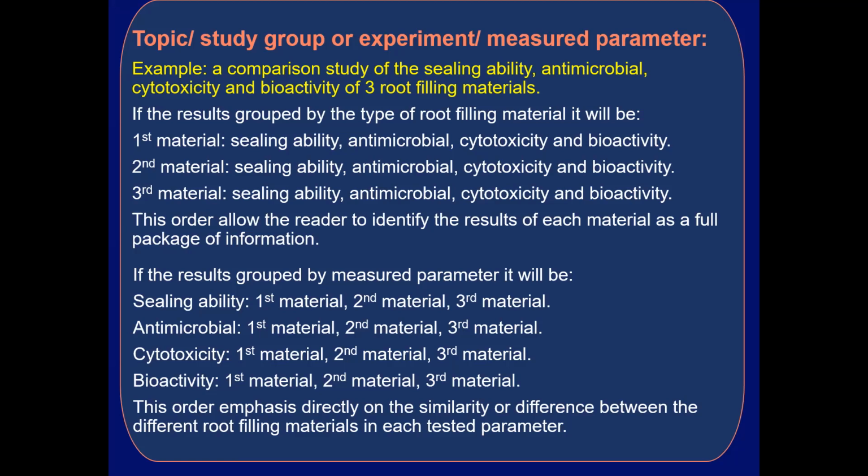This order emphasizes directly the similarity or difference between the different root filling materials in each tested parameter. So it's going to focus objectively on each parameter in terms of the similarity or differences. It is a different way to present, but it gives you the idea about each specific variable you want to compare between different kinds of material.